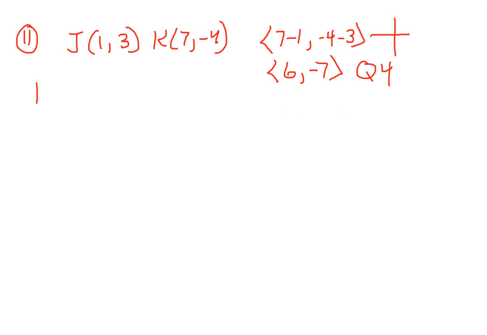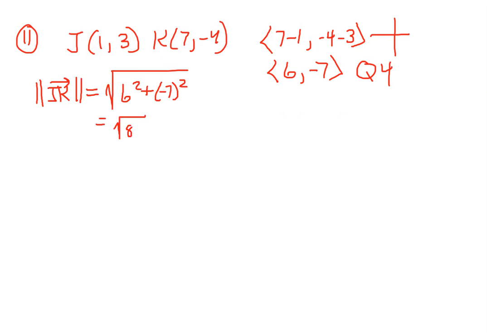So let's start with our magnitude of JK, which equals the square root of 6 squared plus -7 squared, which equals the square root of 85, approximately 9.22. Tangent theta equals -7 over 6. So theta equals inverse tangent of -7 divided by 6.